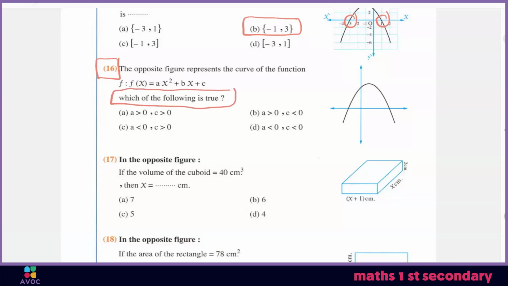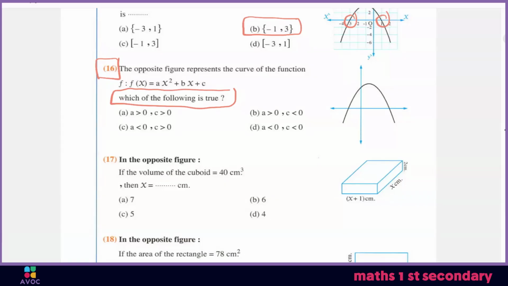The first one, a greater than 0 and c greater than 0. Letter B, a greater than 0, c smaller than 0. Letter C, a smaller than 0 and c greater than 0. Letter D, a smaller than 0 and c smaller than 0.